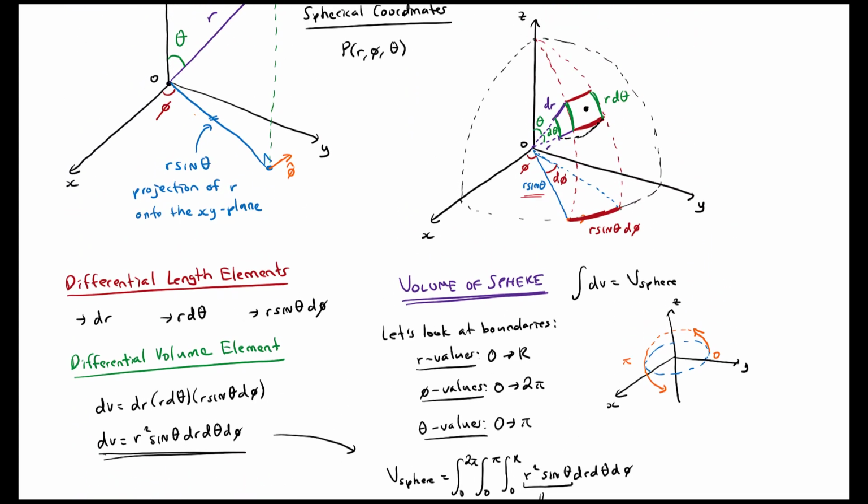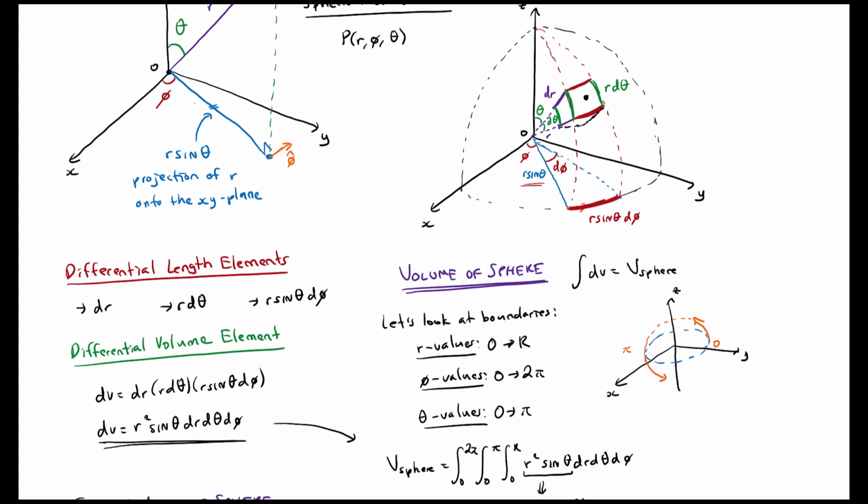When we want the surface area, we really just want the area that's bounded by the red and green lines. So we're only looking for everything at the top, or the outermost portion of the sphere. So we know that the red is r sine theta d phi, and we know that the green is r d theta.